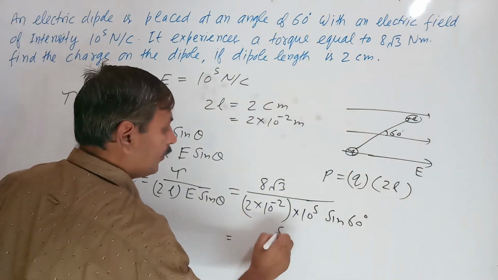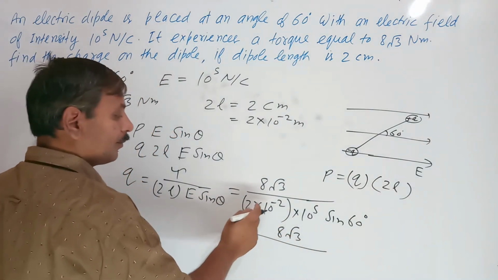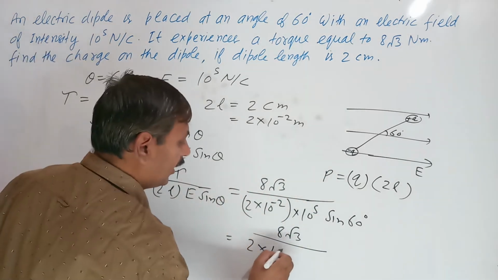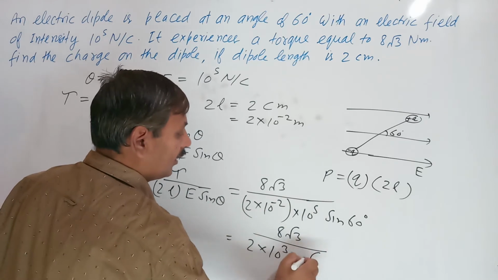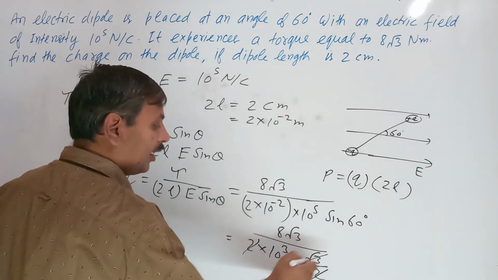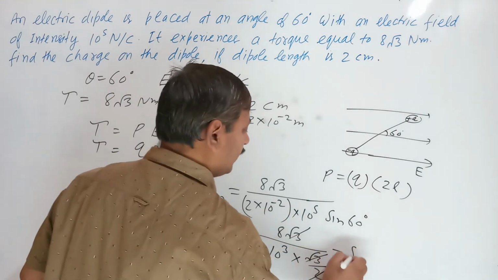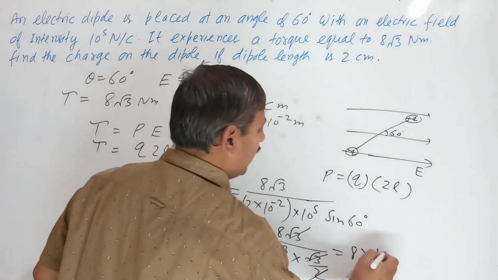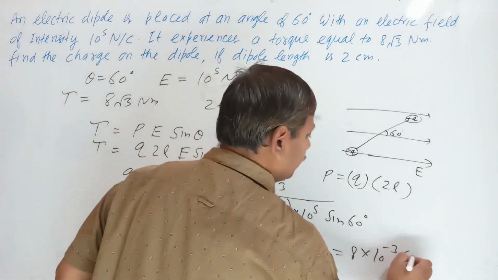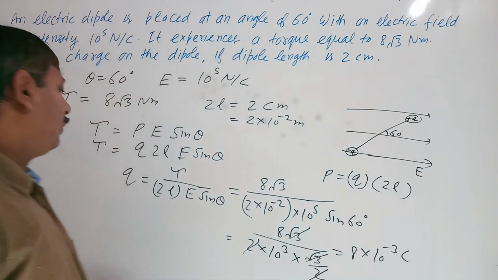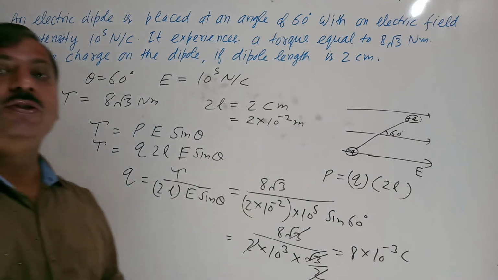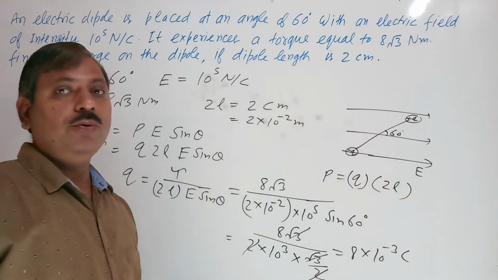Solve it. 8 root 3 upon 2 into 10 raised to 5 into 10 raised to minus 2, which is 10 raised to 3, and sin theta is root 3 by 2. So 2 cancels out, root 3 also cancels out. So this is 8 into 10 raised to minus 3, and the unit will be coulomb. So the charge will be 8 into 10 raised to minus 3 coulomb.